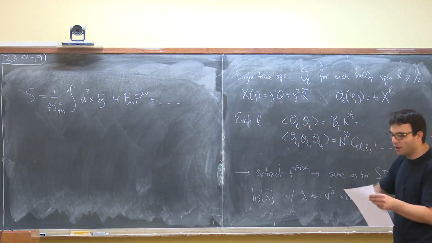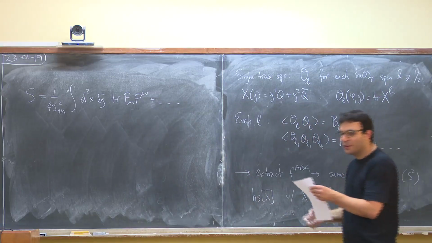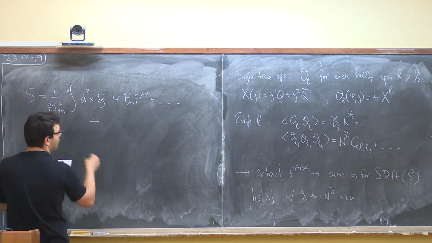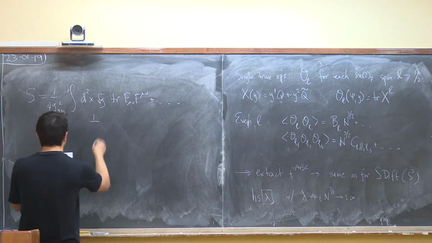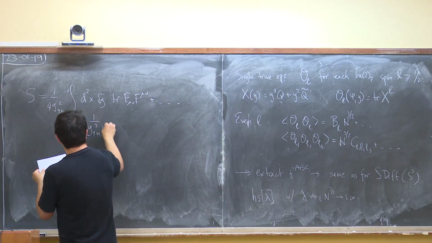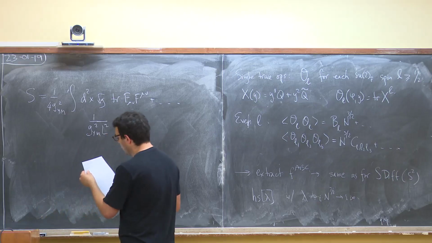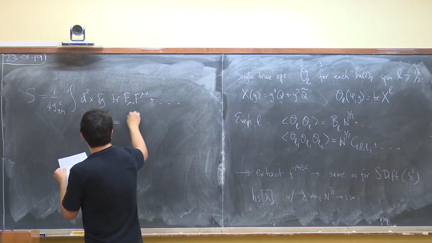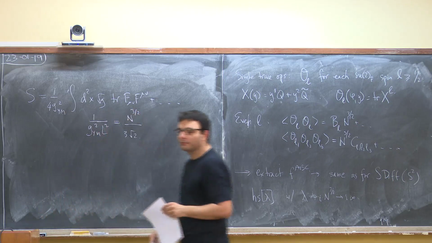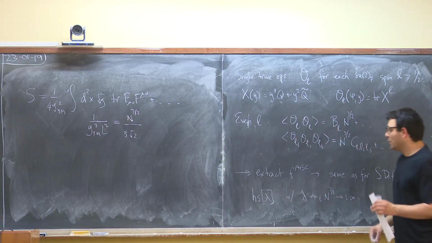So it's not like the higher spin case where we had the null orders in the F expression. And by matching the 2-point functions and the 3-point functions, we found that 1 over g Yang-Mills squared L squared is n to the 3/2 divided by 3 squared. So just by explicit matching.